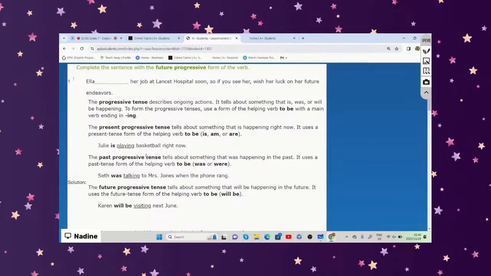With the helping verb, is refers to one person, and are refers to two or more people.